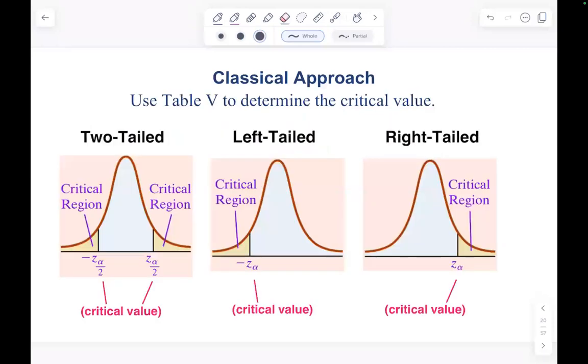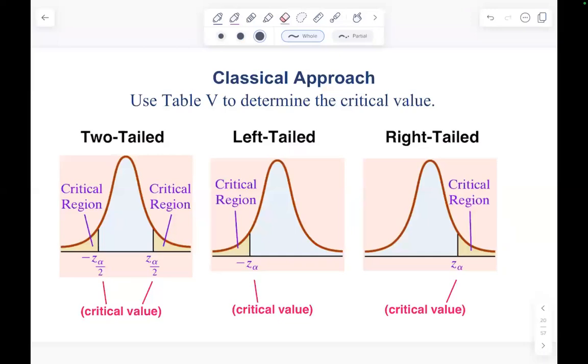I already kind of showed you this. It is the critical region. Our critical values are the z-scores at the edges of our confidence interval, just like they were when we were doing confidence intervals last week. The test statistic, we test against the critical value.